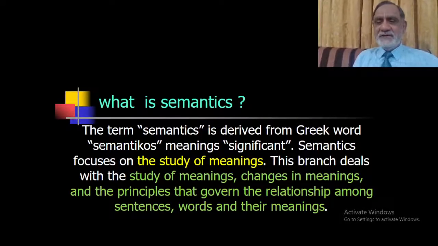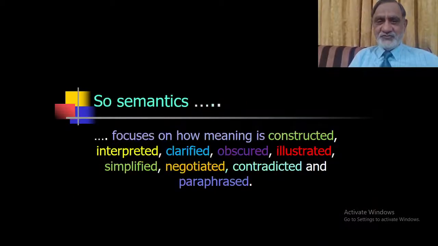This branch deals with the study of meanings, changes in the meanings, and the principles that govern the relationship among sentences, words, and meanings. So this is all about the meanings of a particular language.